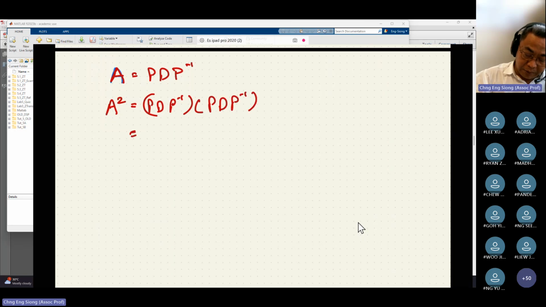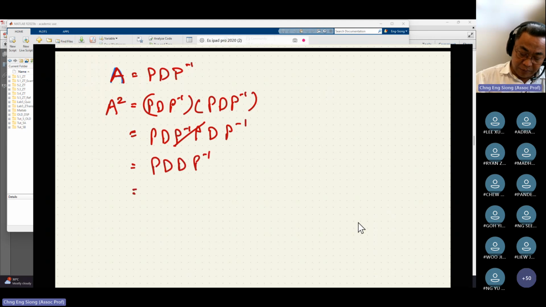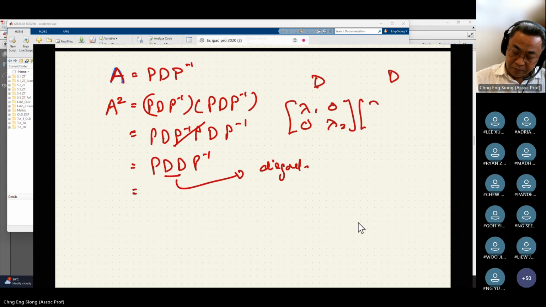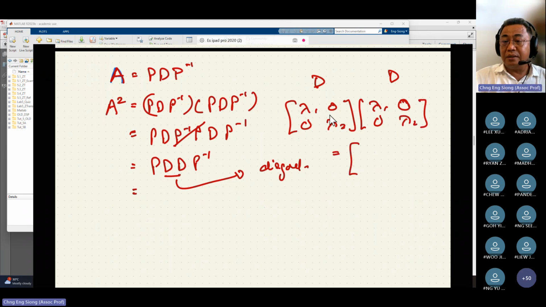We can open up the brackets: PD D P inverse. And remember that D is diagonal. So let's call the entries lambda 1, lambda 2. So this is D and D. The answer is, guys, this is very easy.